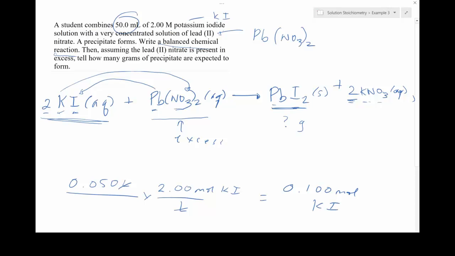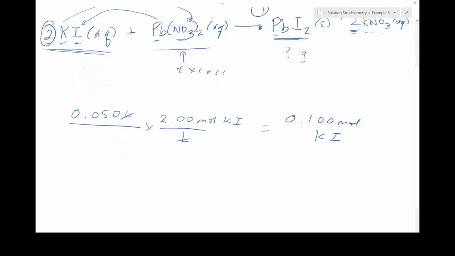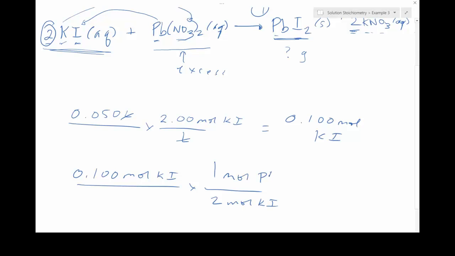All right. Now, here's where we can look at our equation. We see that 2 moles of potassium iodide react to form 1 mole of lead 2 iodide. And so 0.100 moles of potassium iodide, 2 moles of this form 1 mole of the lead 2 iodide precipitate.